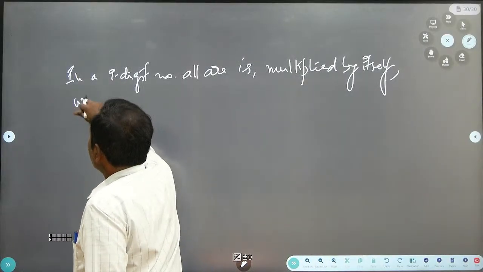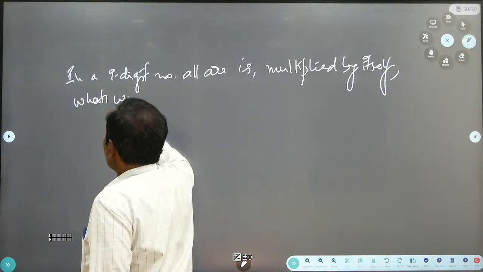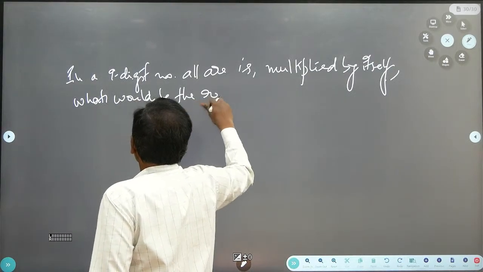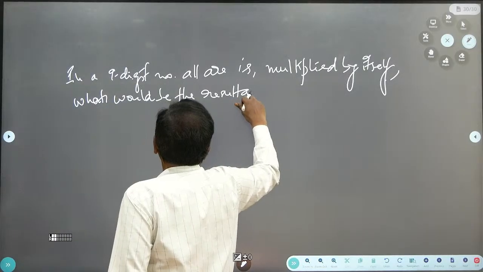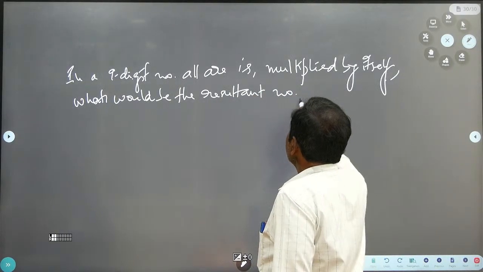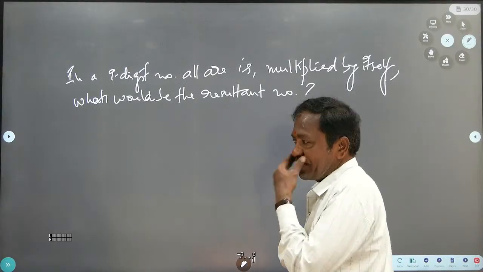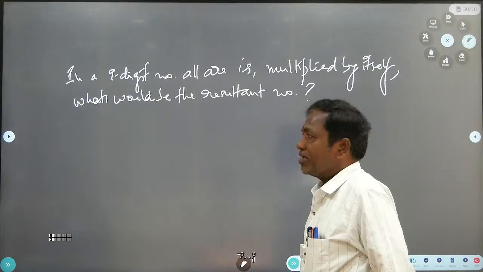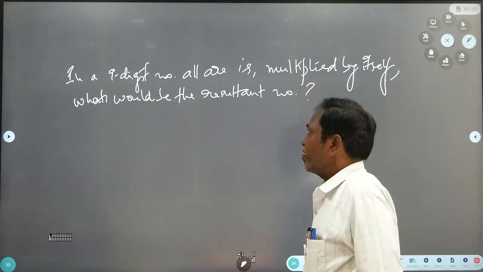What would be the resultant number? Maybe one word here and there may be different, but this is the concept.